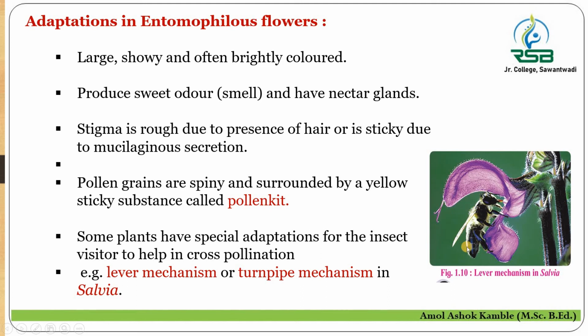When that honeybee visits other salvia flowers, from the back of the honeybee it transfers these pollen grains, and pollination is facilitated with the help of this insect, the honeybee.